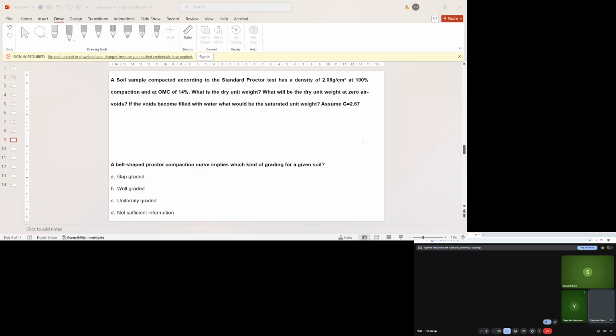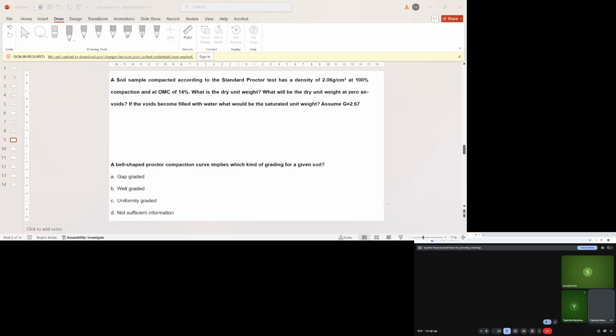Now the total weight is equal to weight of solids plus weight of water. The weight of water is going to be 0.32 grams. Weight of solids we know already is 1.81 grams, plus 0.32 grams.